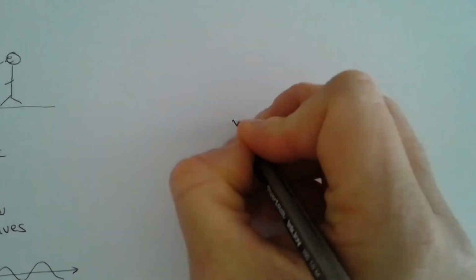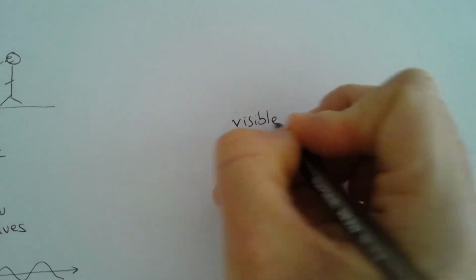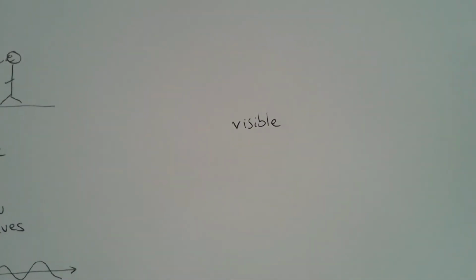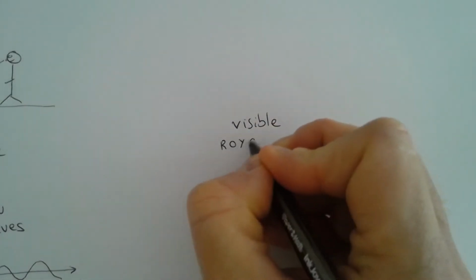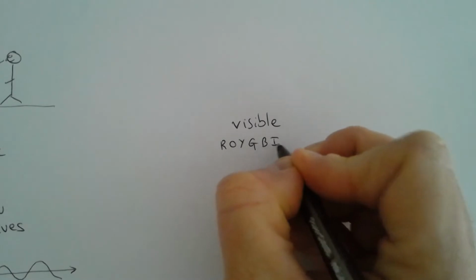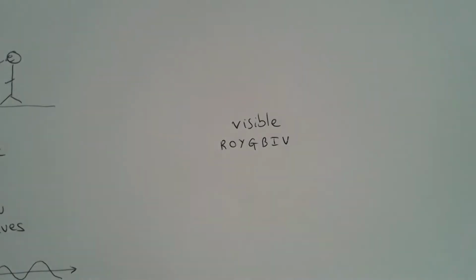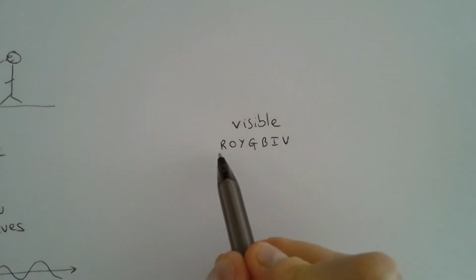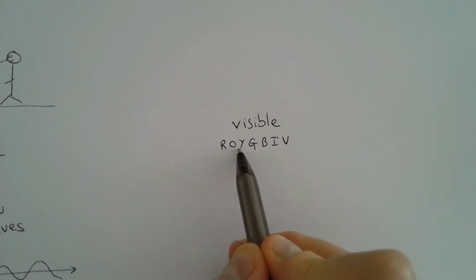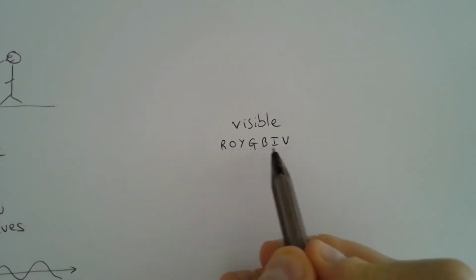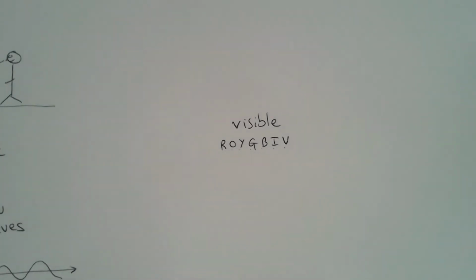So we've seen visible electromagnetic radiation, and we can actually break that into some more parts, the different colours of the visible light: red, orange, yellow, green, blue, indigo and violet. So those are the colours that we would see in a rainbow.